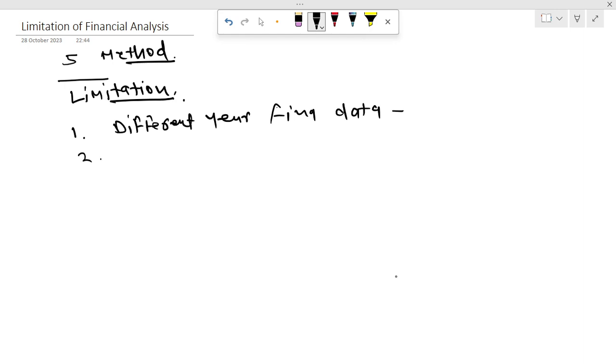Second, financial analysis may be misleading without knowledge of changes in accounting procedures. As all of you know, every entity has its own accounting policies and accounting principles, and based on these they prepare the financial statement. So it is very important to keep in mind what accounting policy the company is following.